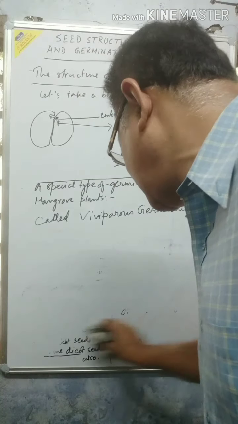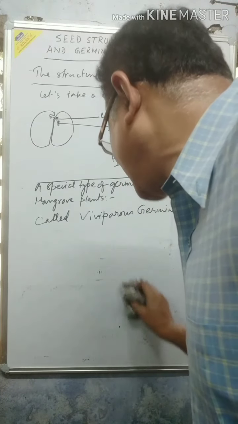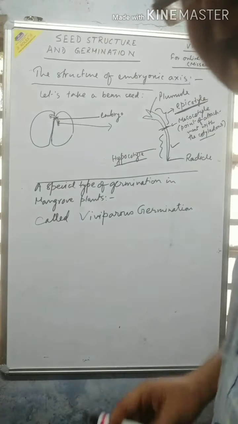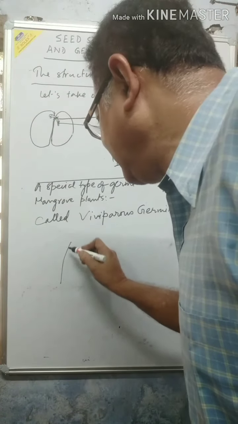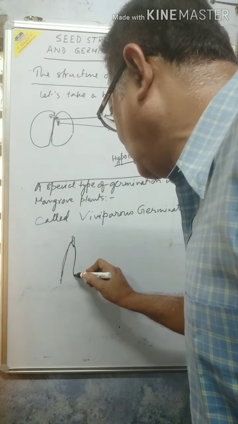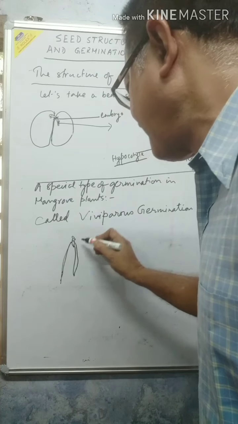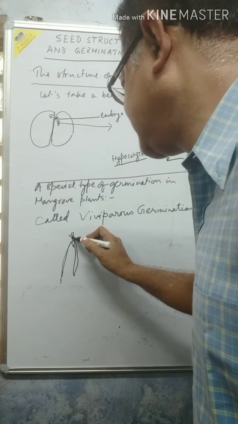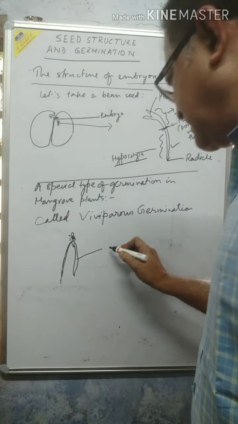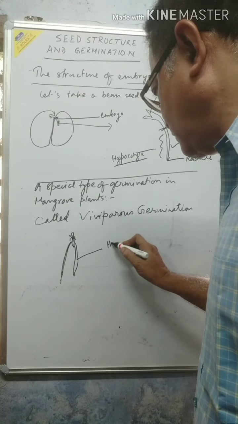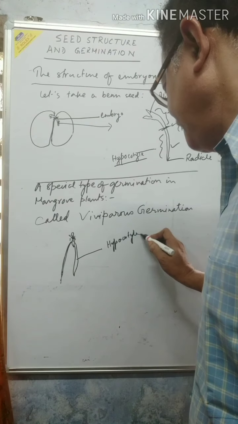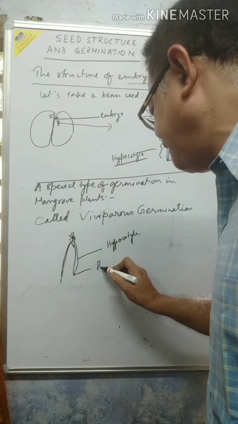where the soil is waterlogged, at that time the plant having the fruit grows itself in the plant. The hypocotyle, and this is the radicle.